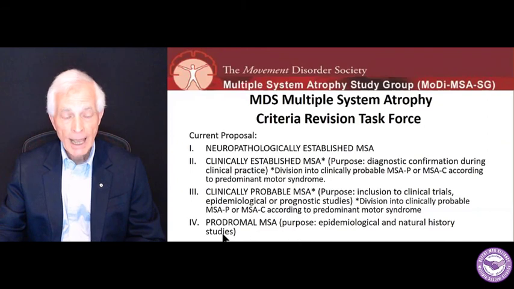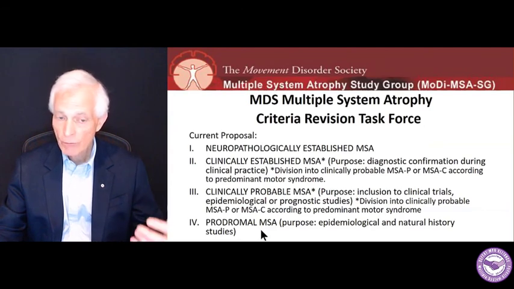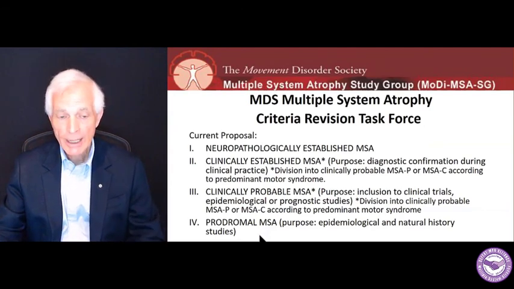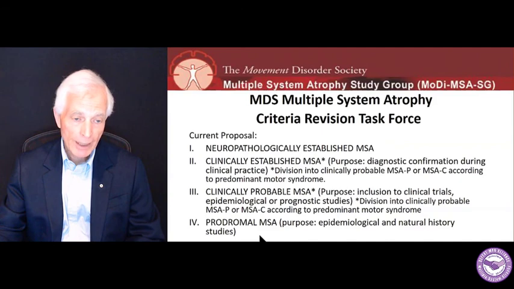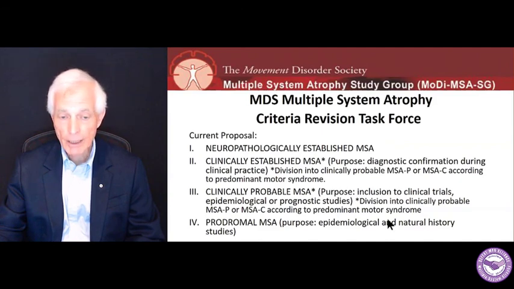And finally, a new diagnostic category, so-called prodromal MSA. Remember I told you about REM behavior disorder, for example, in the absence of the other clinical features, and maybe that will allow us to understand the disease earlier and give us better clues as to the nature of the disorder.